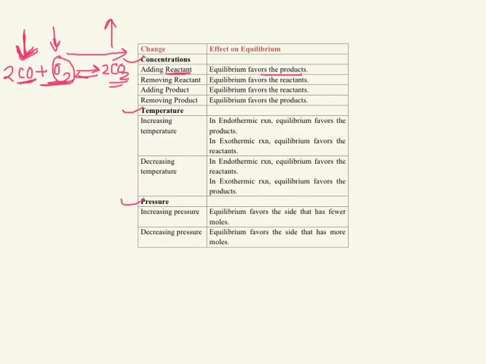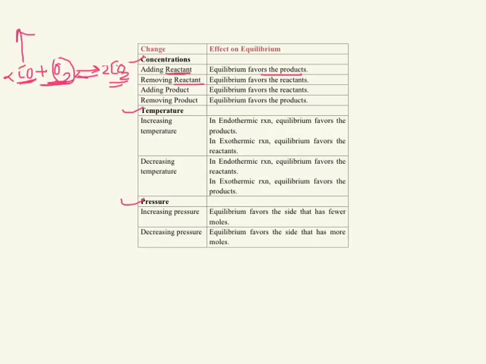Let's look at removing the reactant. What if you are removing CO? If you are removing CO, now the system wants to make CO. Remember, the system doesn't like the change. The system is going to try to get rid of the change you made.